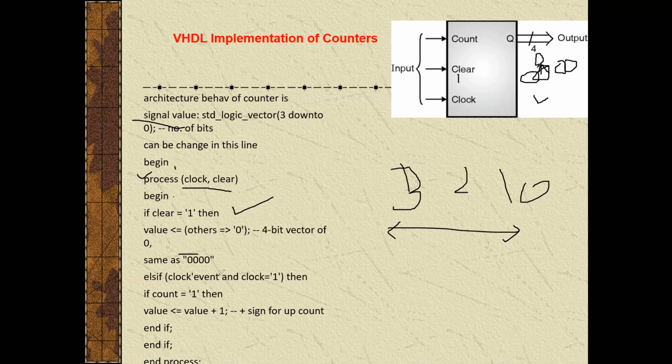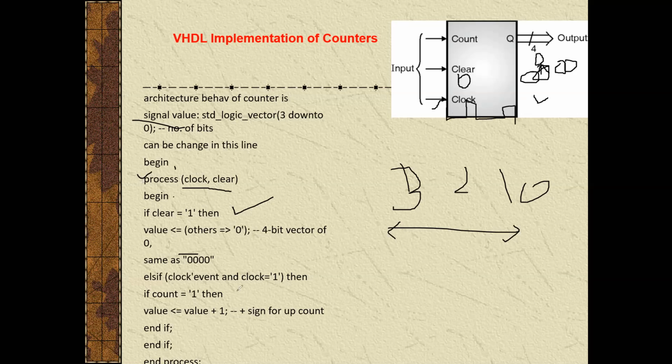Else, if the clock event is there, if this condition is not satisfied, if clear is not 1, if it is 0, then the clock signal is there.